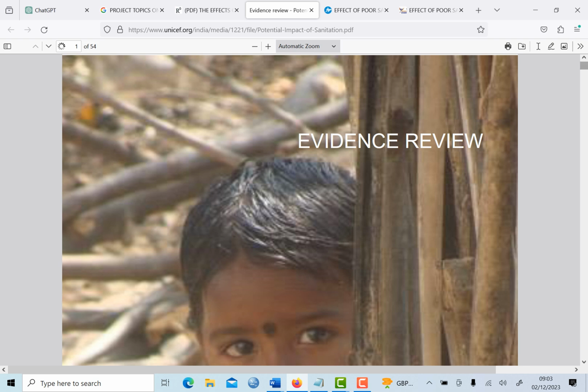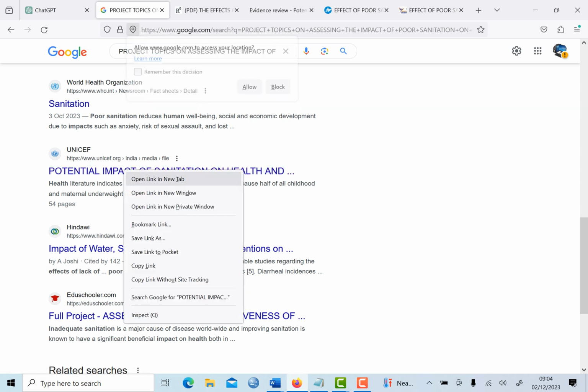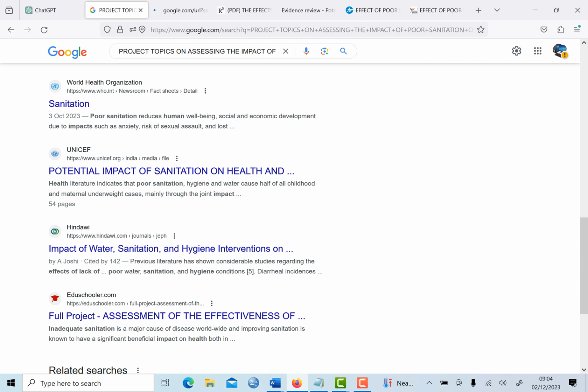Taking so much time to load. Let's check the next one. I hate this. This is taking too much time to load. Let's open this. See what UNICEF has. Okay.